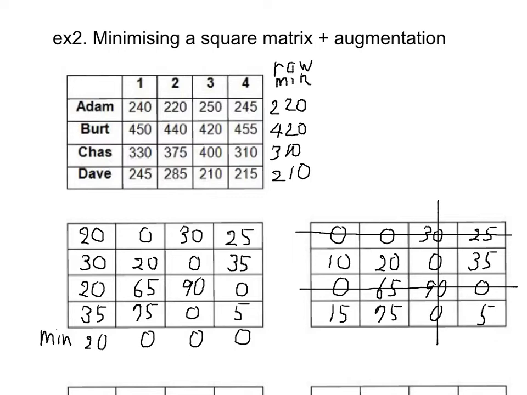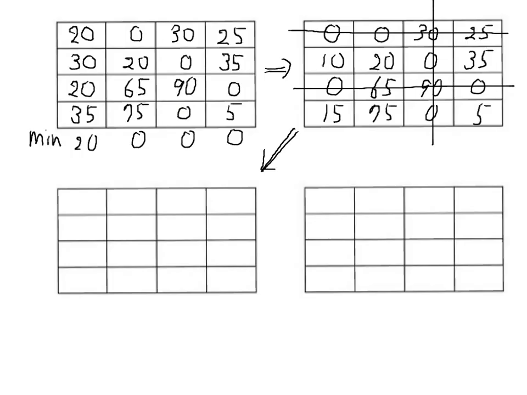So when you get into this situation, I have to do a process we call augmentation. For the next process, look at the matrix and find the smallest uncovered number. In this example, the smallest uncovered number is 5.